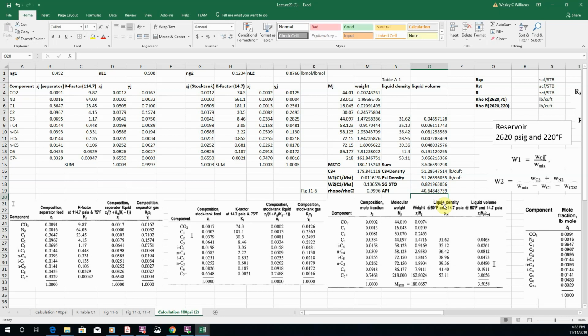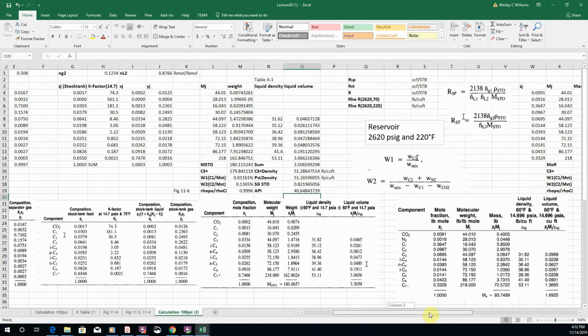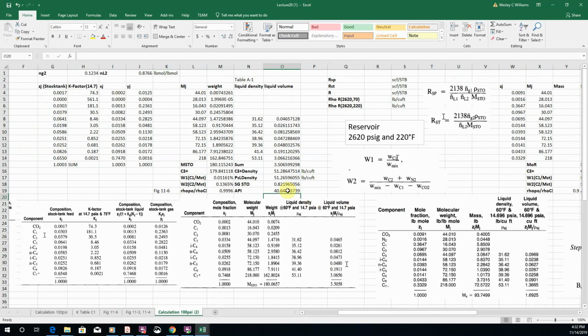So now we need to do a few other tasks. We've basically gotten the API or specific gravity of the stock tank oil at this point. Now we need to do a few more calculations. One is we wanted the gas oil ratio of the separator and at the stock tank. Those are two important values.